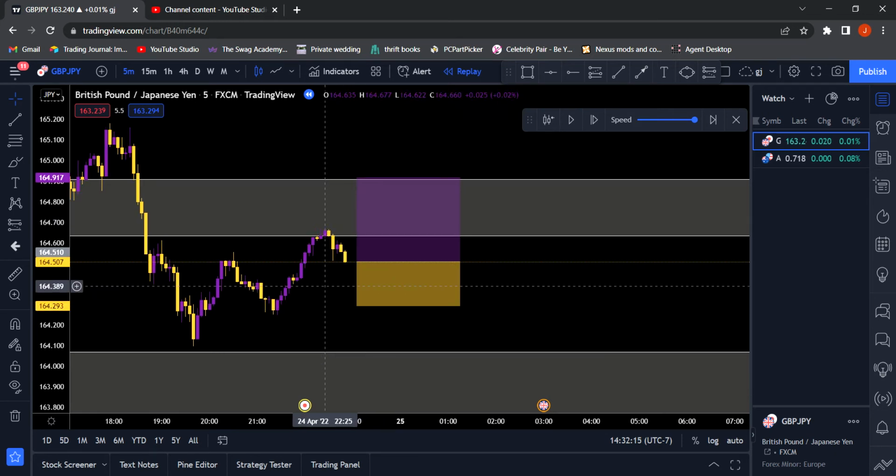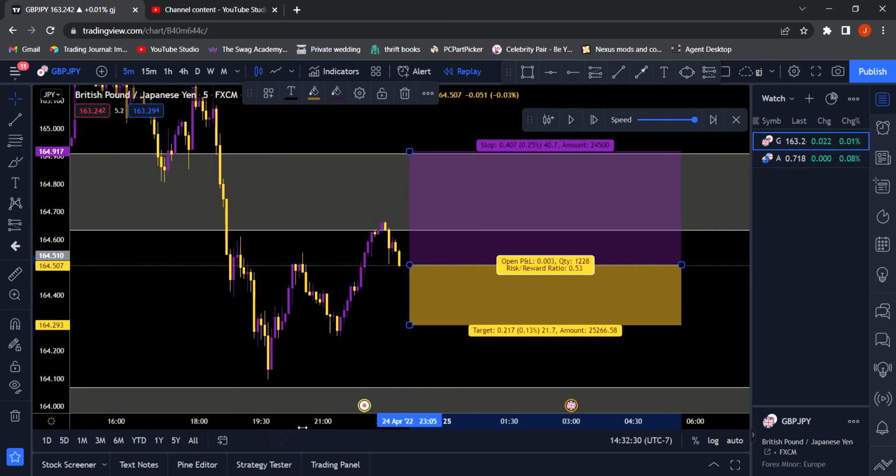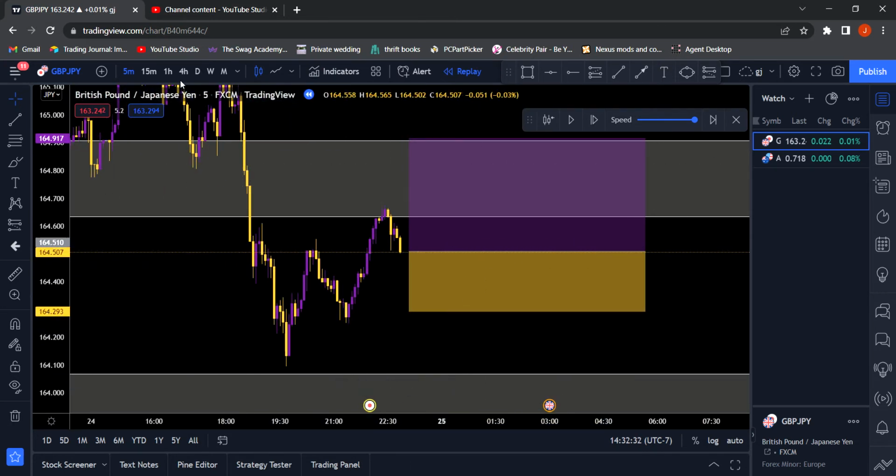So I got my entry on the 5 minute, just a simple break and retest. I was looking for a double top or head and shoulders, but instead I got some bearish momentum candles going in my direction, so I still entered the trade.